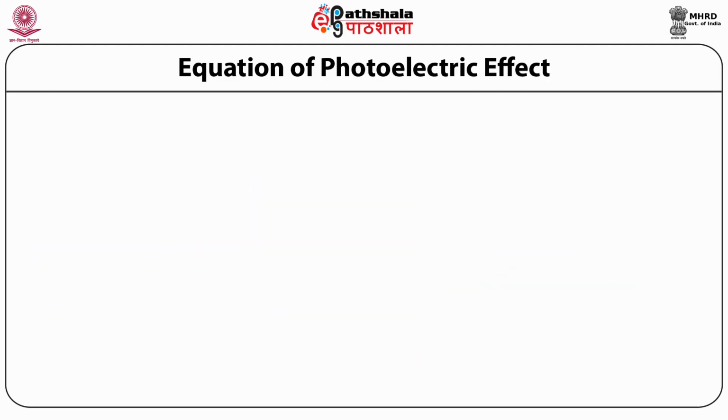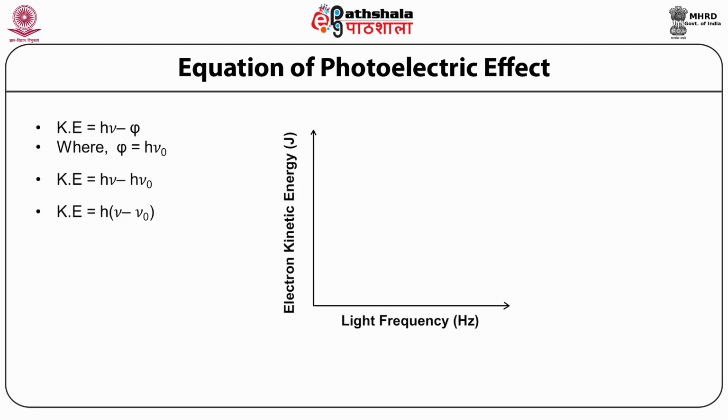Now, the equation of the photoelectric effect. The equation can be written as Ke = hν − φ, where Ke refers to the kinetic energy and φ is the work function, equal to hν₀. Then the equation becomes Ke = hν − hν₀, and kinetic energy can be positive only when ν is greater than ν₀.